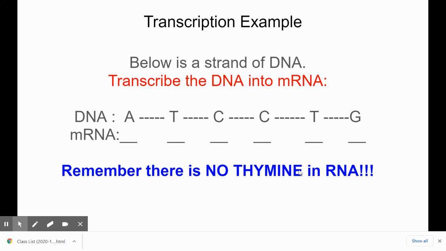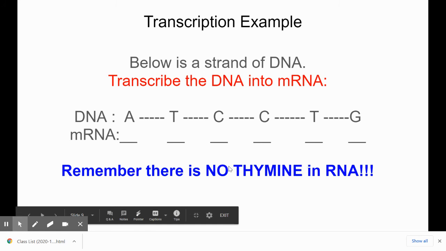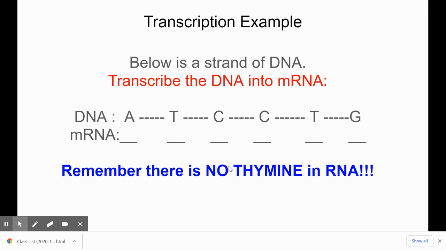Here's an example of a problem you might run into. It says below is a strand of DNA. Transcribe the DNA into mRNA. I have a series of bases here, and I have to transcribe my DNA into my mRNA. I have A for DNA, so I'm going to write the letter U for mRNA.